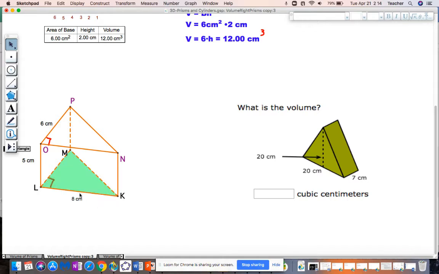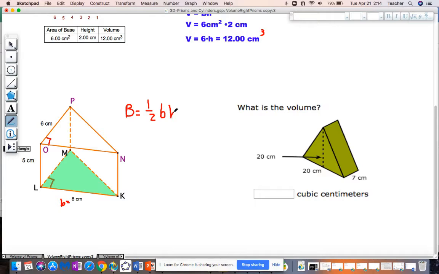The base of that triangle is 8. So again, triangle, 1/2 base times height. So big B is area of the base. So that is 1/2. Little b is the base of the triangle, which is going to be the 8.